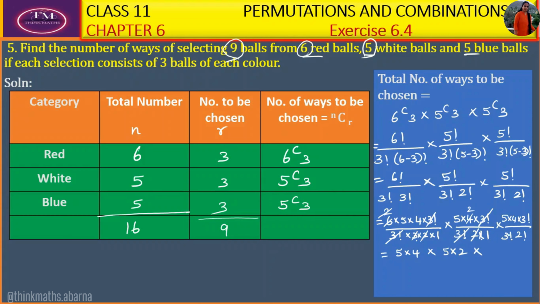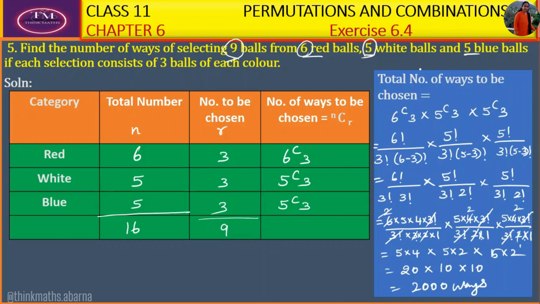Here also 3 factorial gets cancelled. 2 factorial is 2 into 1, so 5 2s are 10. So 20 into 10 into 10. 20 into 10 is 200, 200 into 10 is 2000 ways. So there are 2000 ways of choosing under this condition.